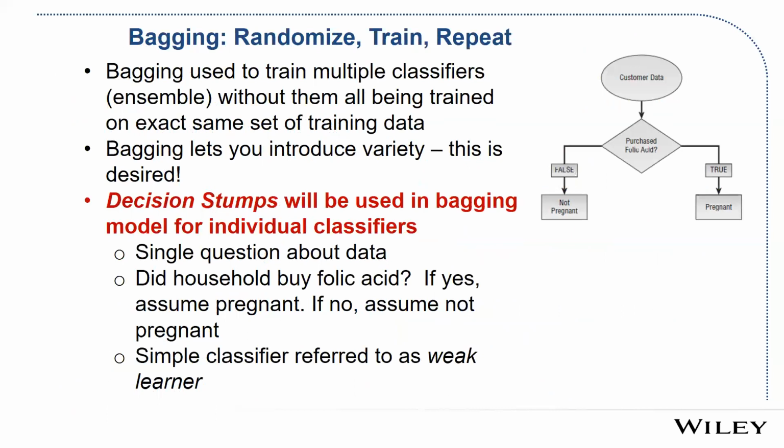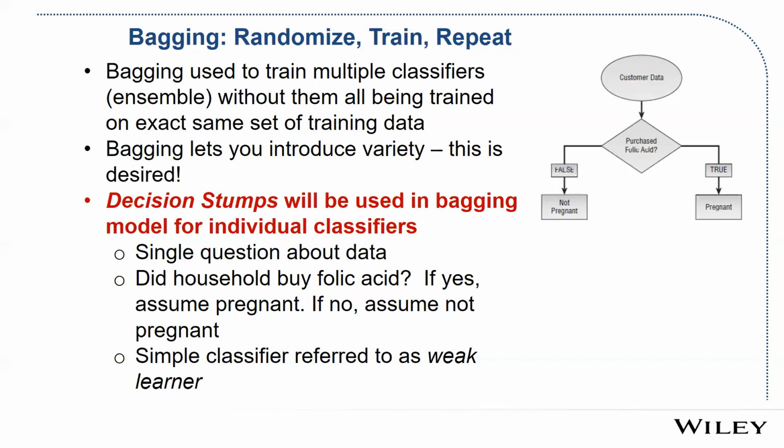All right, so let's look at what we're going to be doing here. This is that whole concept of bagging. We're going to look at each one of those features in our Excel, and we're going to call each one of those a classifier. For example, one of the classifiers we have is whether a person purchased folic acid.